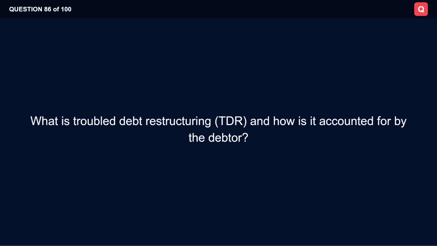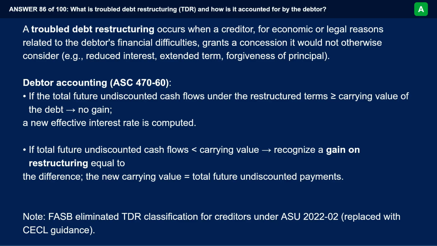What is troubled debt restructuring, TDR, and how is it accounted for by the debtor? A troubled debt restructuring occurs when a creditor, for economic or legal reasons related to the debtor's financial difficulties, grants a concession it would not otherwise consider, for example, reduced interest, extended term, forgiveness of principal. Debtor accounting, ASC 470-60.